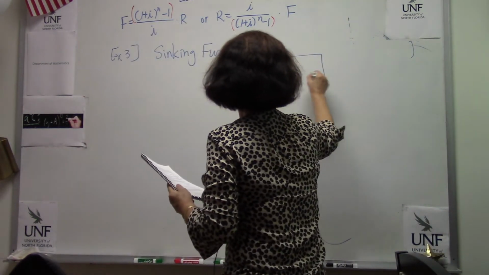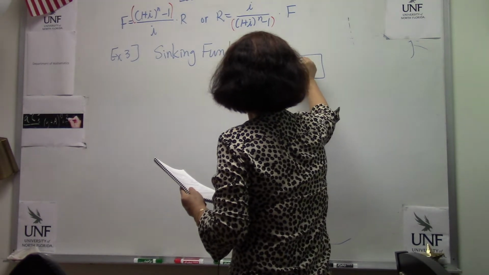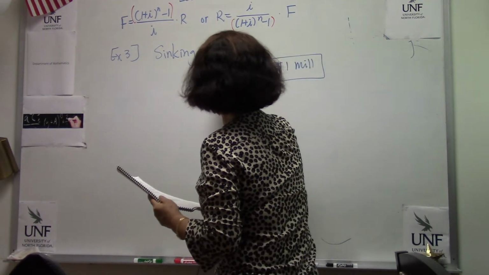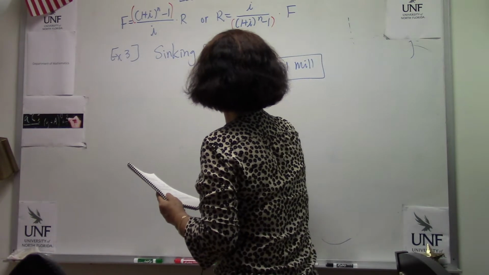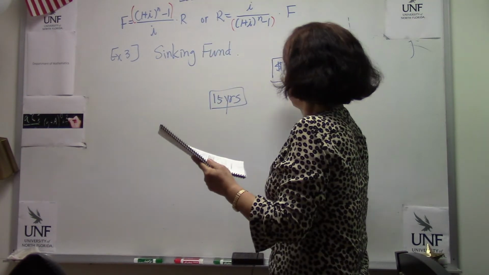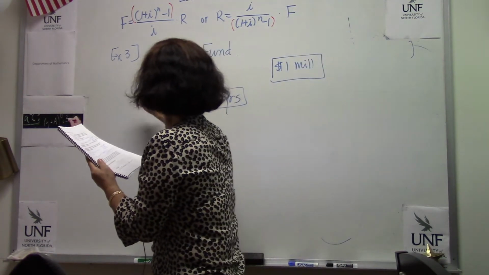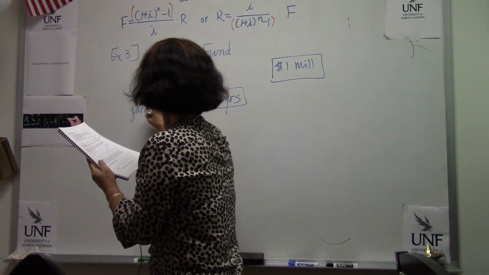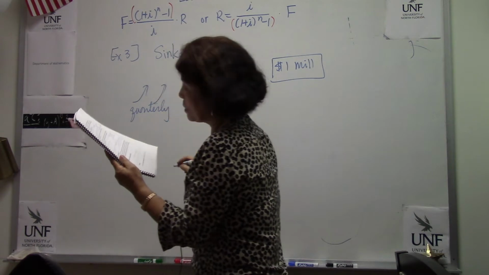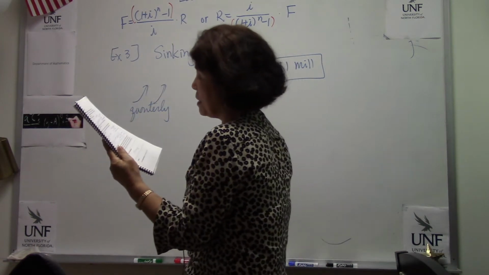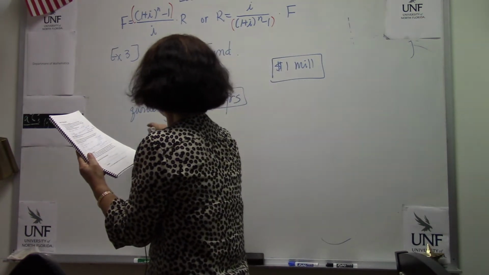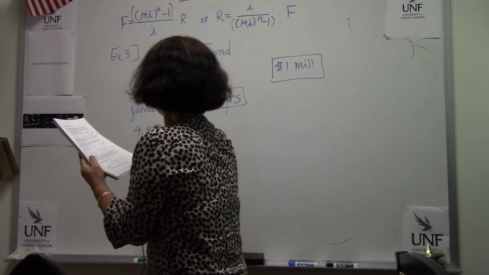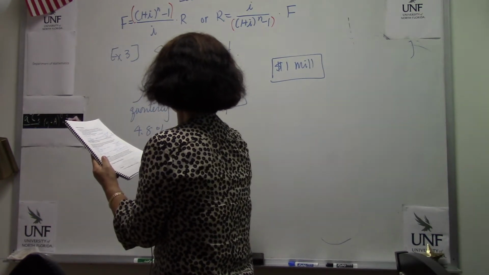The city government wants $1 million in 15 years. In order to prepare for it, they are going to deposit every quarter year, so that means 4 times a year, under this condition, 4.8% compounded quarterly.